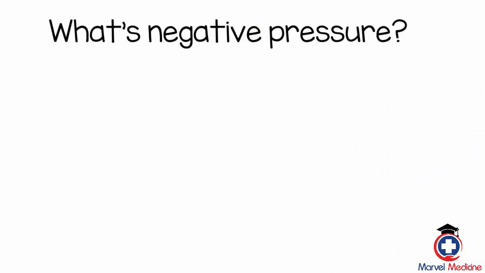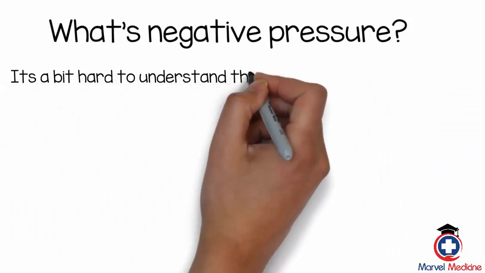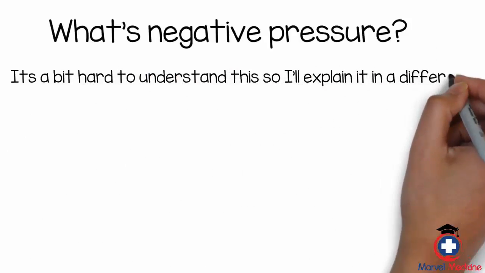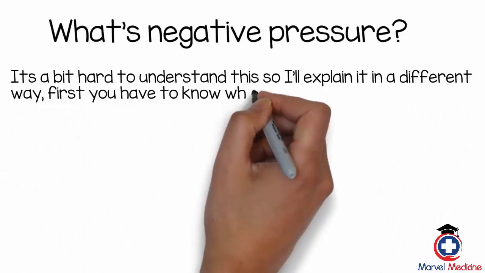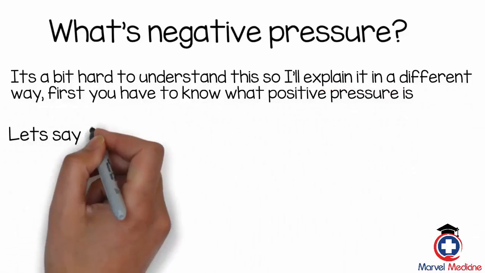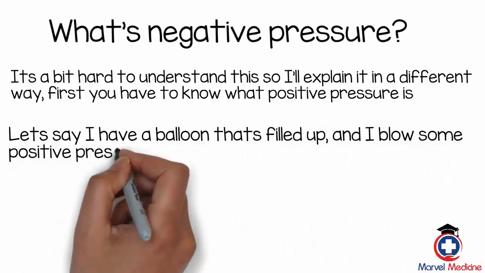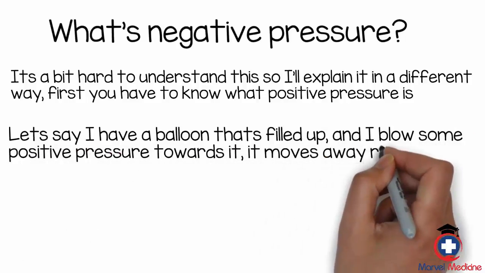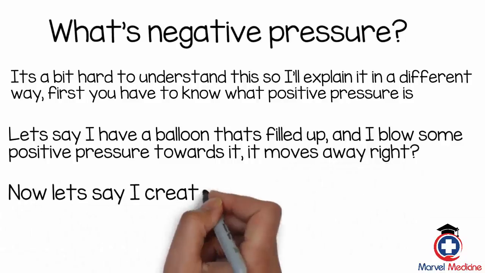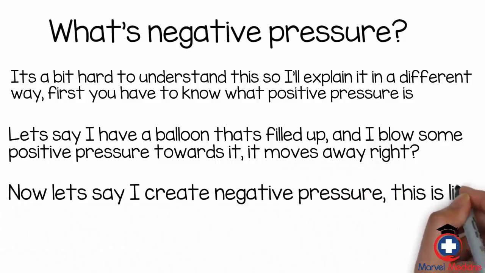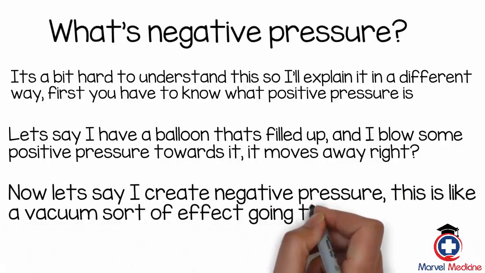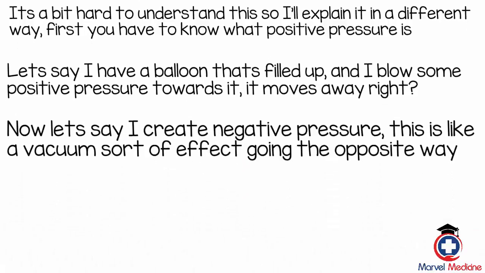So what's negative pressure? It's a bit hard to understand, so I'll explain it in a different way. First, you have to know what positive pressure is. Let's say I have a balloon that's filled up, and I blow some positive pressure towards it. The balloon moves away, right? Now, let's say I create negative pressure, which is like a vacuum sort of effect, going the opposite way.